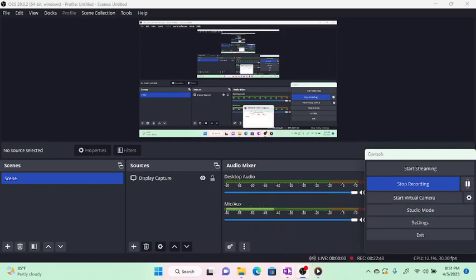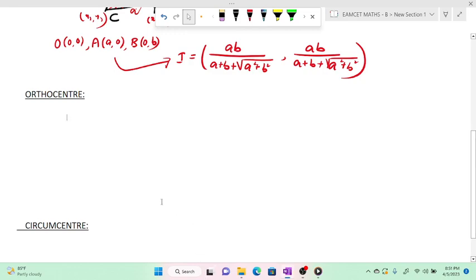Next one, orthocenter. Orthocenter means the point of intersection of altitudes of the triangle. This is the triangle.